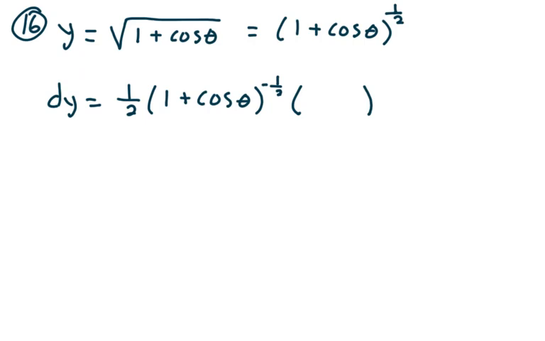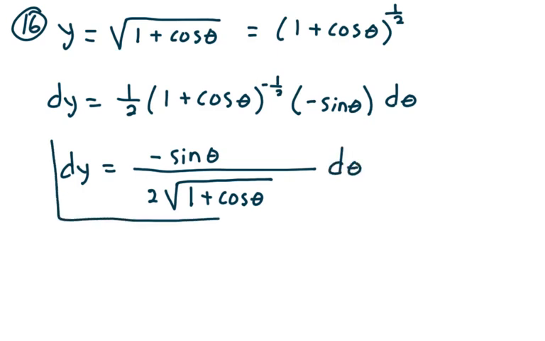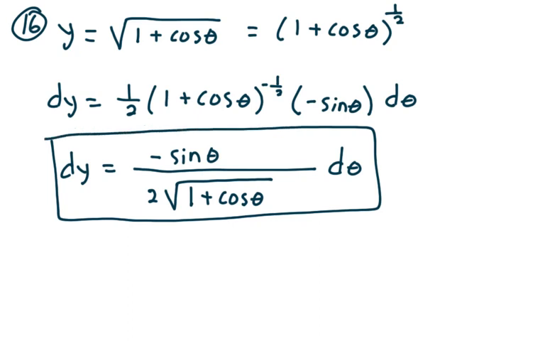Well, that's negative sine theta, and then I have to just attach a d theta here. And so therefore dy is negative sine theta divided by 2 times the square root of, if you don't mind, 1 plus cosine theta d theta. That's problem 16.